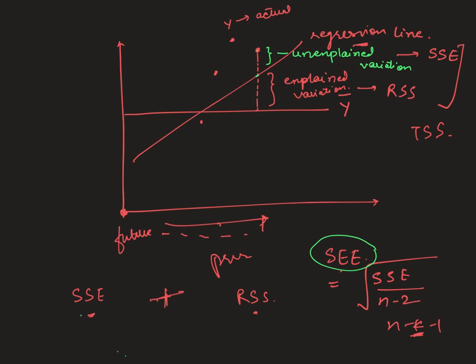This is sum of squared errors. This is residual sum of squares. Does that make any sense? This is RSS. This is SSE, and SEE is a completely different calculation in itself, which is this.